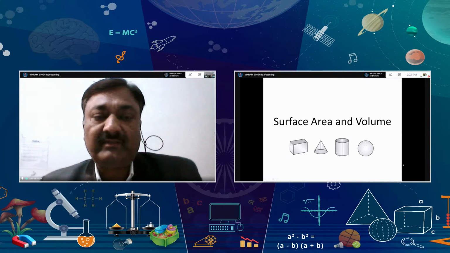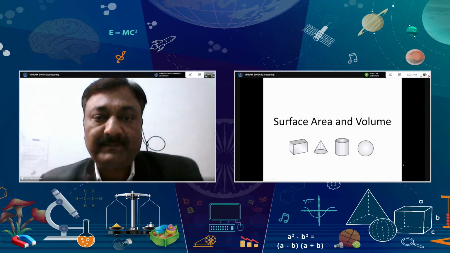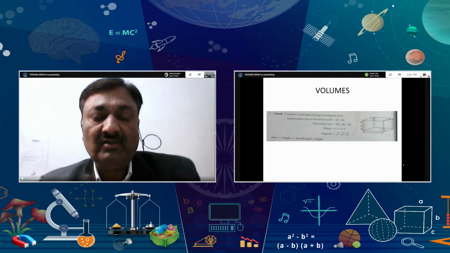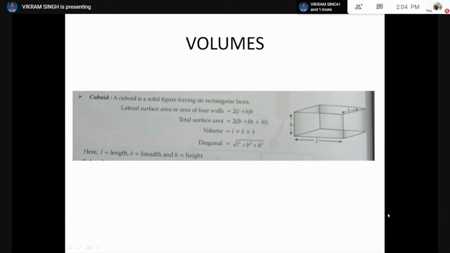In the first part, we have discussed the surface area in detail, for which we have seen many formulas for each solid, like the cuboid. So today we are concerned with the volume part, because we have discussed the surface area in the previous session.